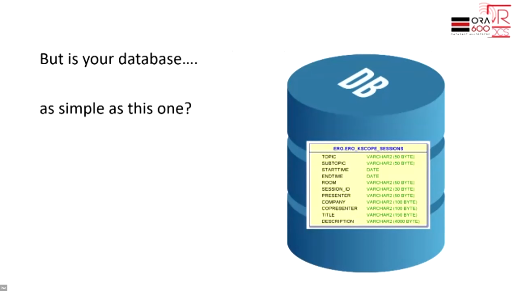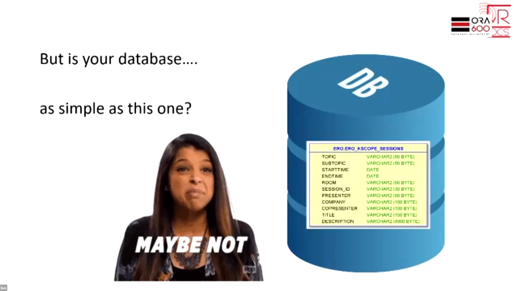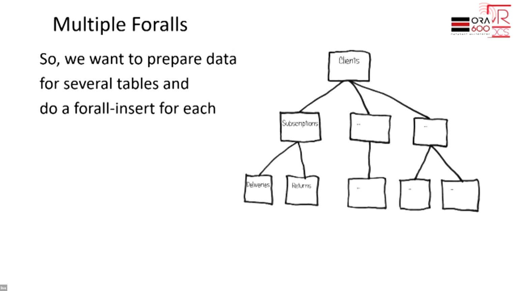So far, we've been talking about a FORALL statement on a table, but usually your database does not contain one table. This is what I am usually seeing when I'm doing data migrations. You want to bulk insert clients, subscriptions, deliveries, returns in bulk.